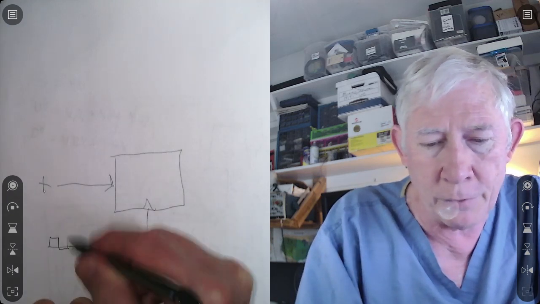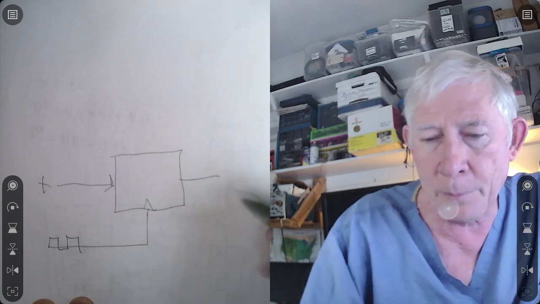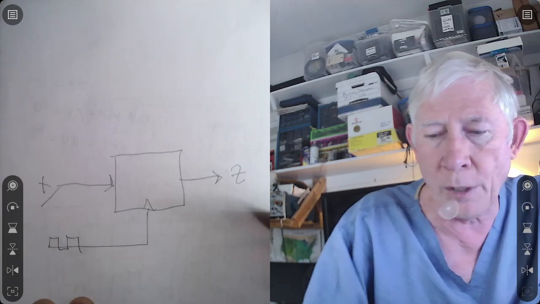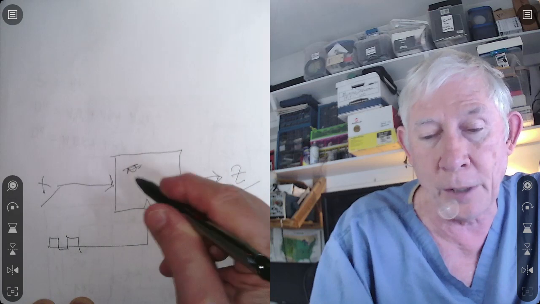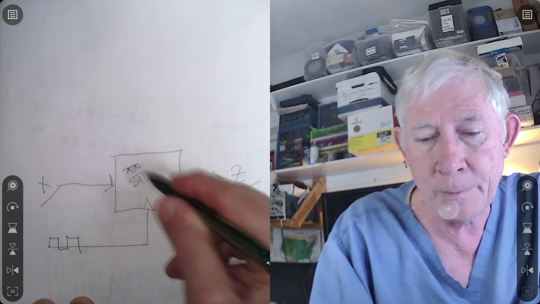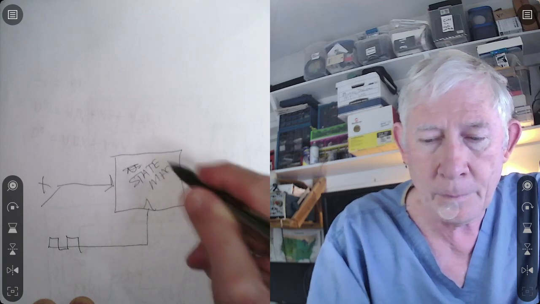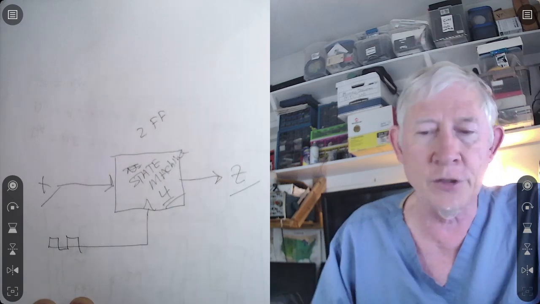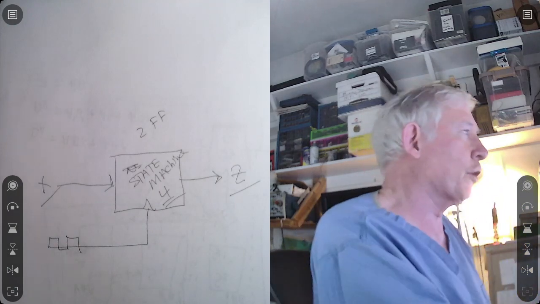It could be rising or falling. I don't have a bubble, so we'll assume it's rising edge. And we have an output, Z. So one input X, one output Z, and here's our state machine. It has 4 states. It has 2 flip-flops, because with 4 states you've got to have 2 flip-flops. And so what we're going to do is work those.